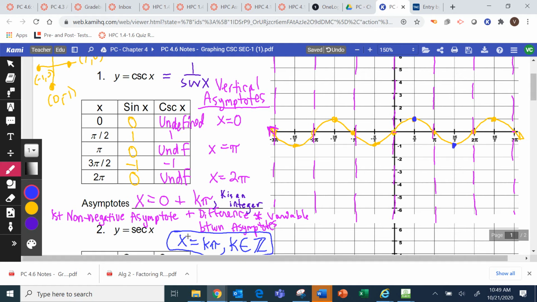If I did pi over 6, for sine it would normally be a half. If I did pi over 6, cosecant would be 2. So it'd be like here. And then there would be another one over here. This graph is going to look like this.